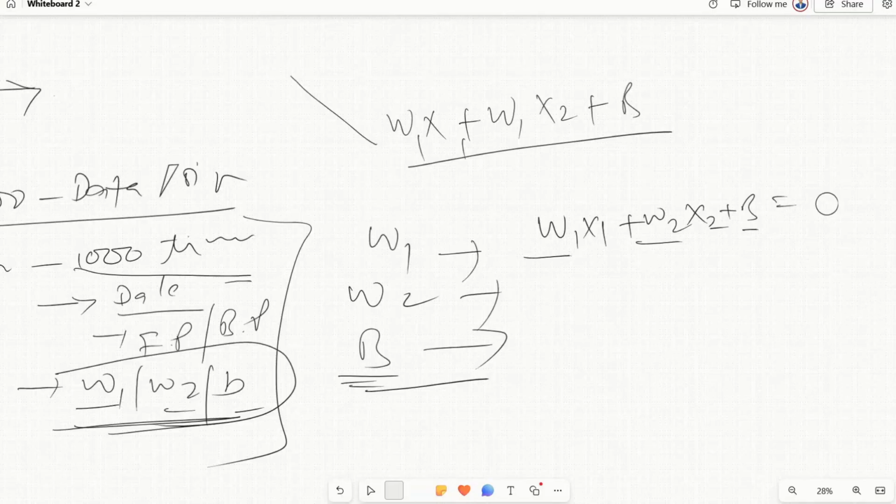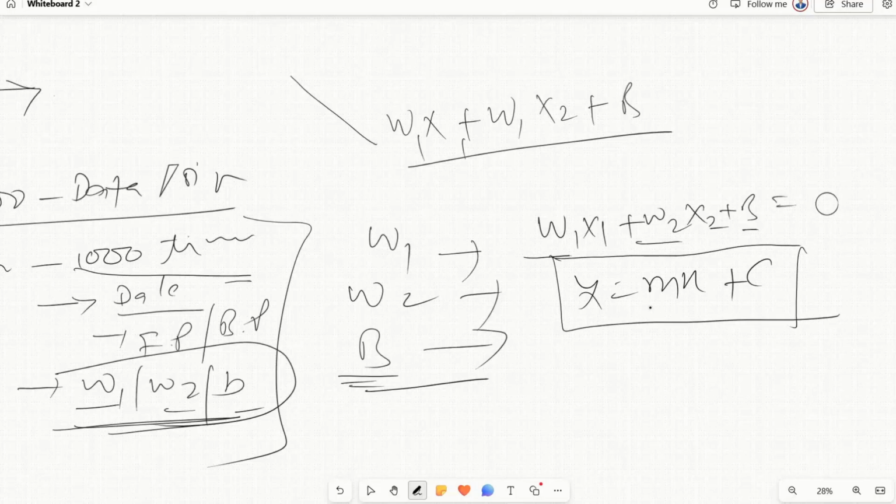If you really want to draw a straight line, what is the equation of a straight line? y is equal to mx plus c. In mathematics, m is called the slope and c is called the intercept.